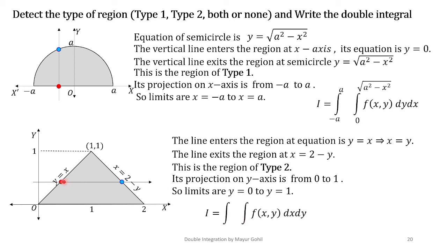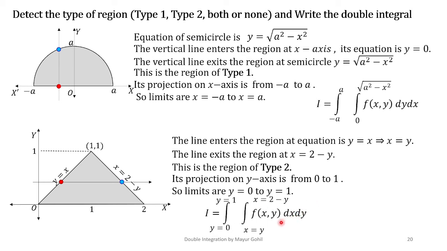The entry point is going to be x equals y, so the lower limit is x equals y, and the upper limit will be the exit point, that is x equals 2 minus y. And the projection limits are going to be for y. So the outer integral will have the projection limits, and they are y equals 0 to y equals 1.